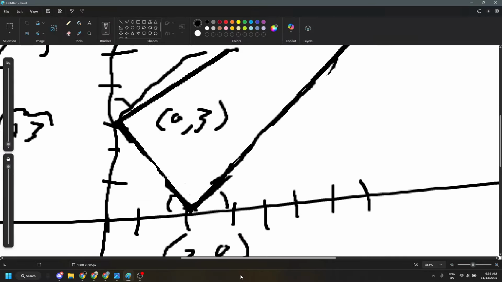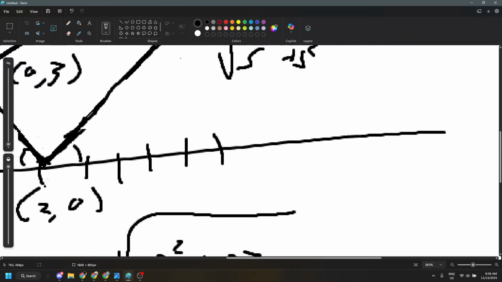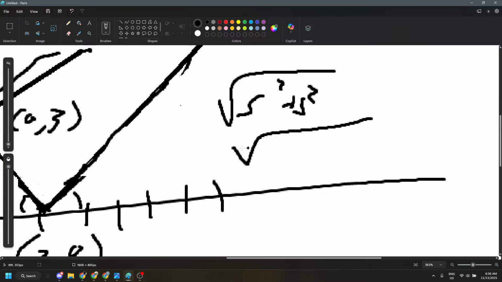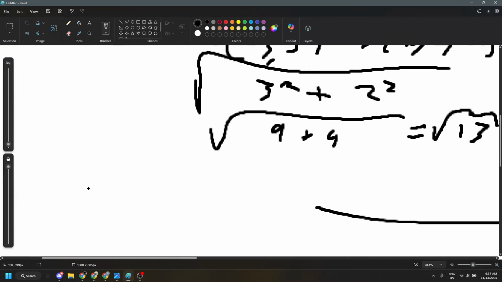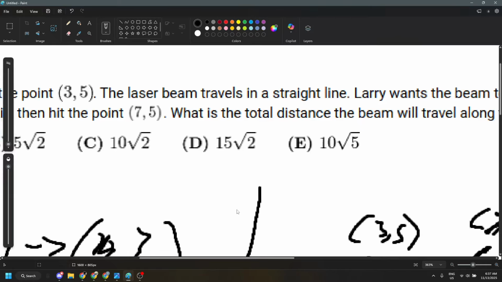From here to here, and then going from there to there, we get the square root of 5 squared plus 5 squared, which equals 5 root 2. Adding these all together, we get 2 root 13 plus 5 root 2, which is none of these.